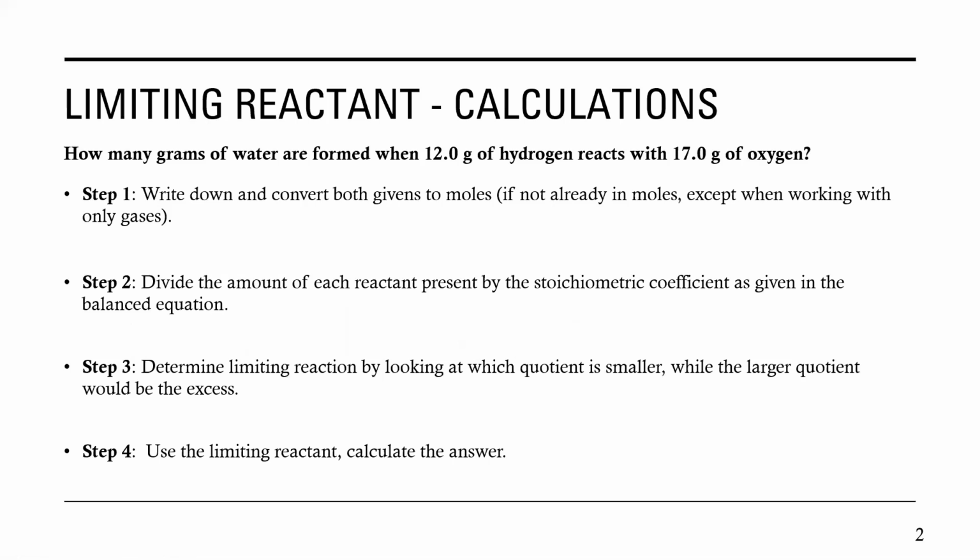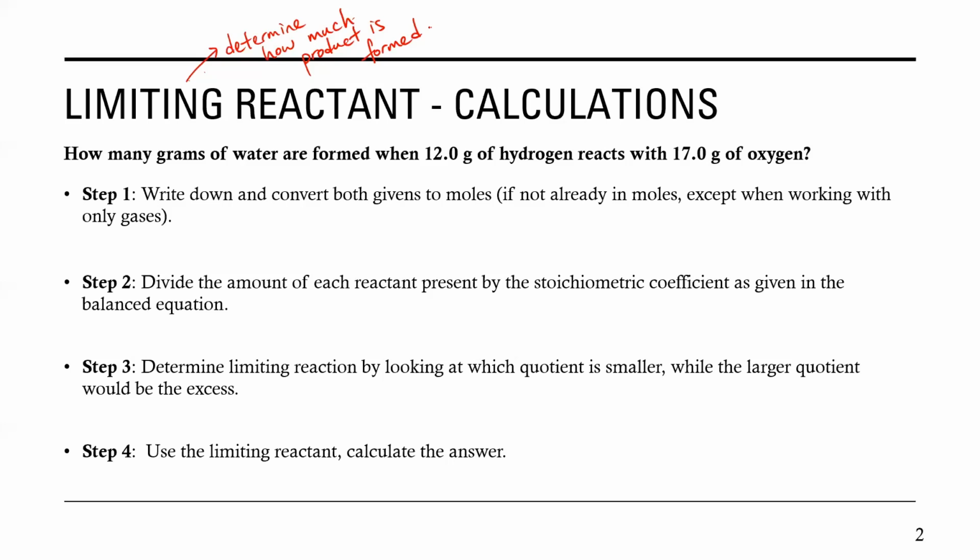So for limiting reactant, basically you are trying to find out the reactant that determines how much product is formed, right? So limiting reactants will determine how much product is formed.